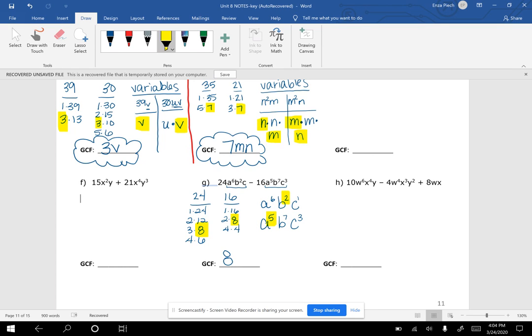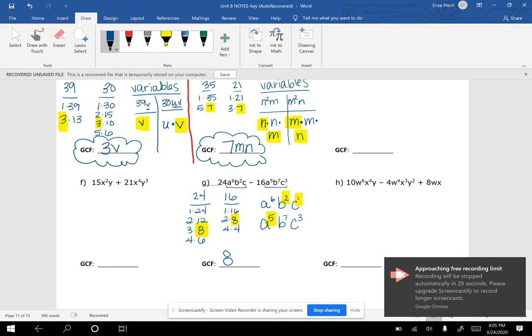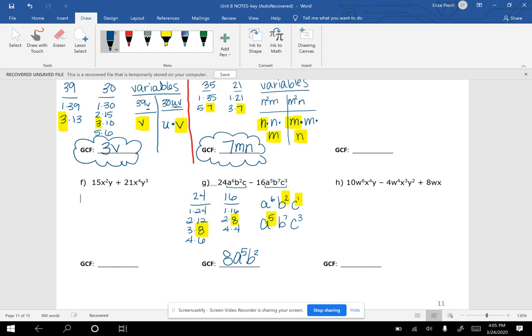I can pull 2 out of 7, and I can pull 1 out of 3, which means I'm going to just adopt the variables and their exponents that have the smallest value. So I have 8a to the 5th power, b squared, and c to the 1st. You don't actually have to write that invisible one. That would be our greatest common factor if you didn't want to make the lists.